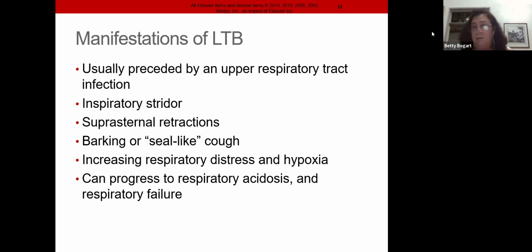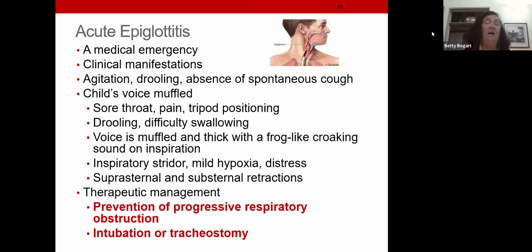You're not breathing, right? Or breathing very little. So that's why you have these barking coughs, inspiratory stridor, okay? And if you don't treat it, it can lead to respiratory acidosis, respiratory failure, or acute epiglottitis. You let that swelling continue, so now your whole airway is completely covered.